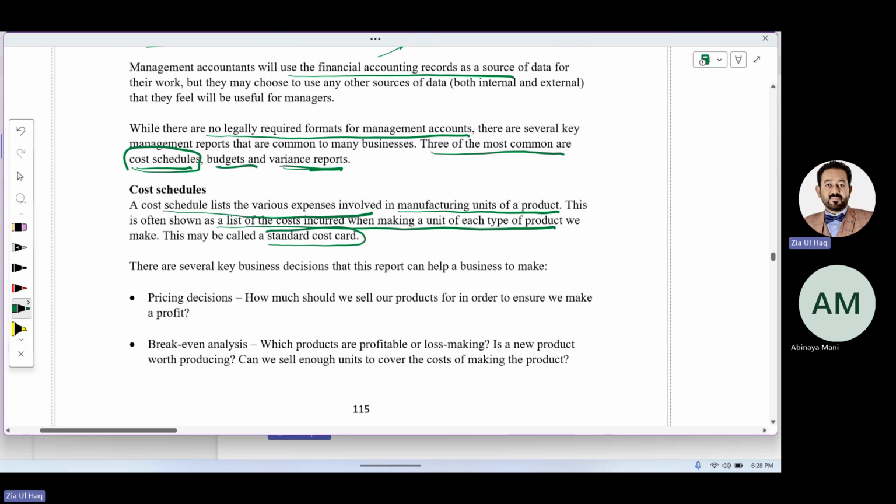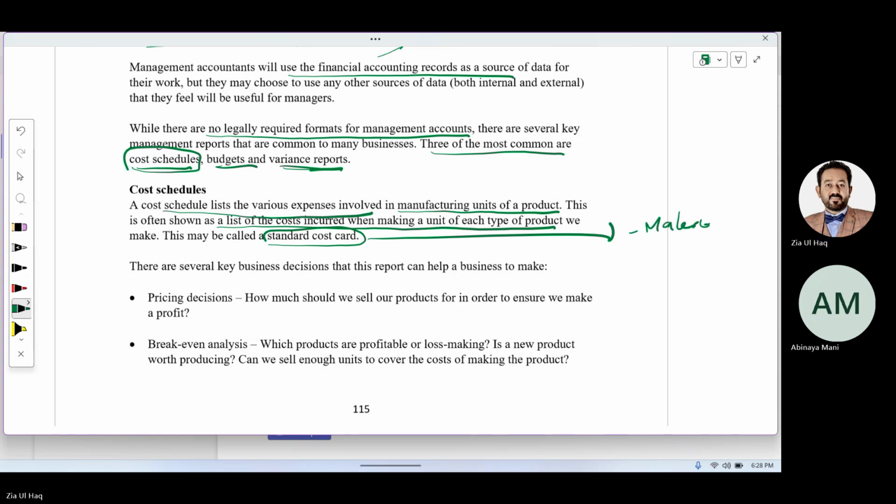All the costs included in one product are called a standard cost card. There are three types of cost included in a product: material, labor, and overheads. Overheads mean other expenses like electricity, rent, etc.